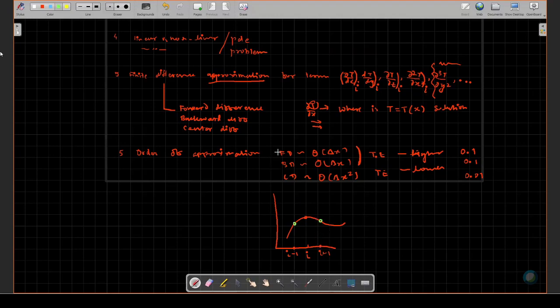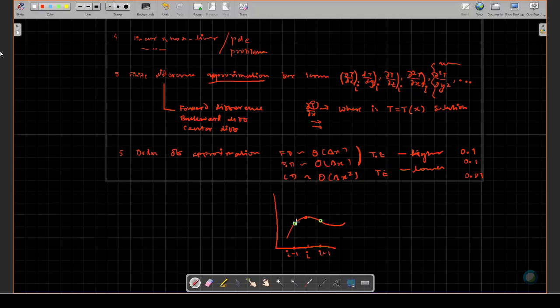So when you do forward difference, what you get is the slope at this location.